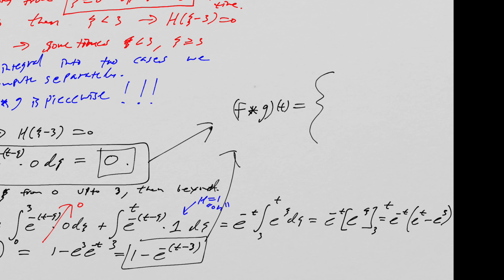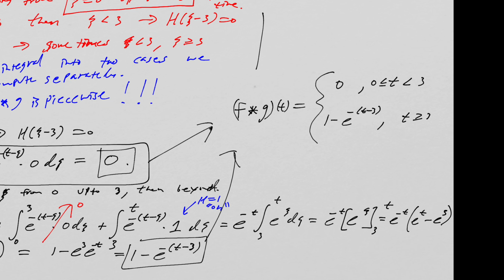I want to be precise when I say what the function is, that it actually has two parts that take on these values at different time points. To be precise, we'll say that it goes from 0 up to 3, and then we have a 1 minus e to the negative t minus 3, and that's for t greater than or equal to 3.